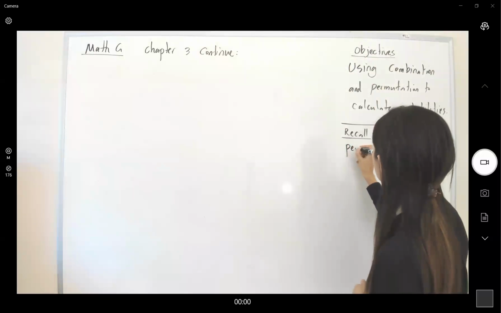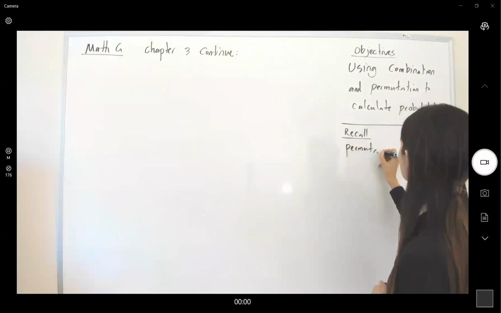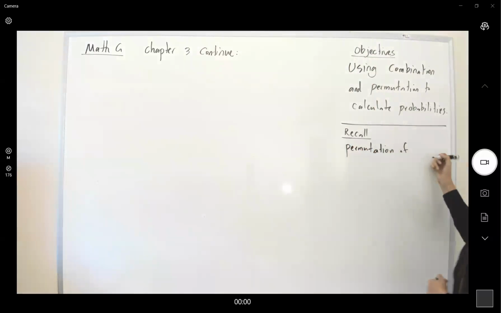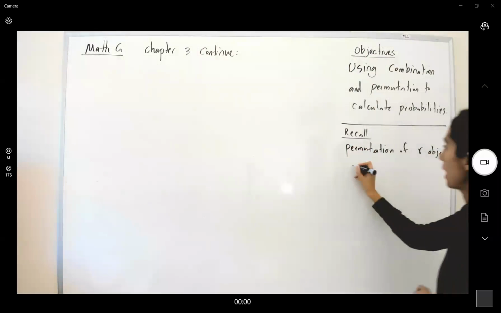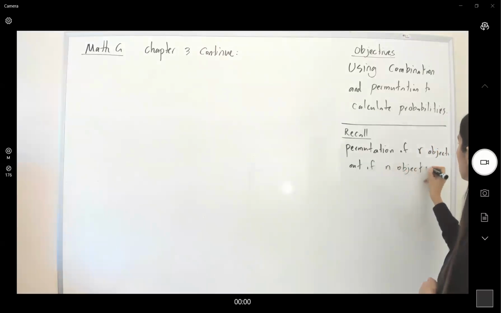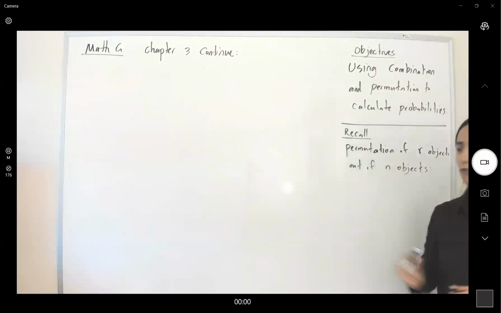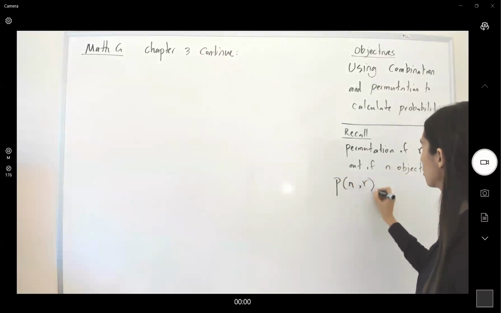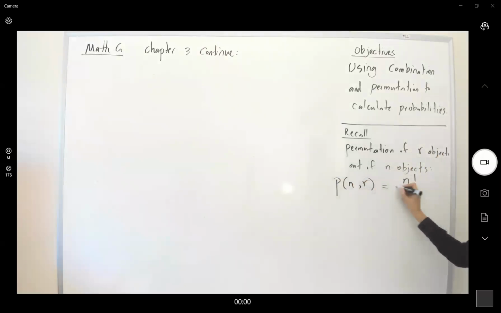So permutation of R objects out of N objects follows a nice formula: the permutation R out of N is N factorial divided by N minus R factorial.